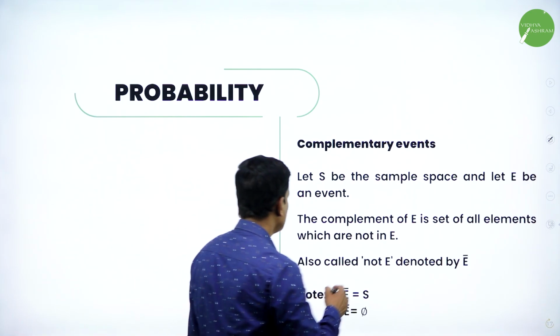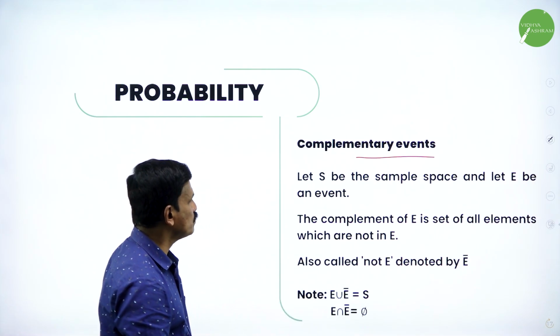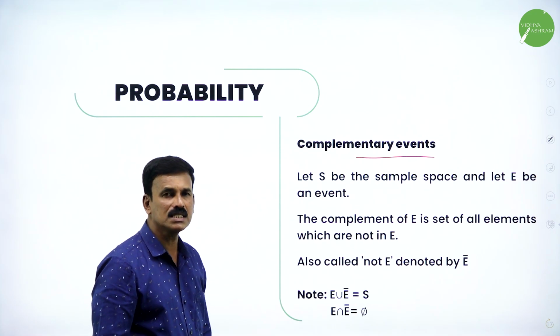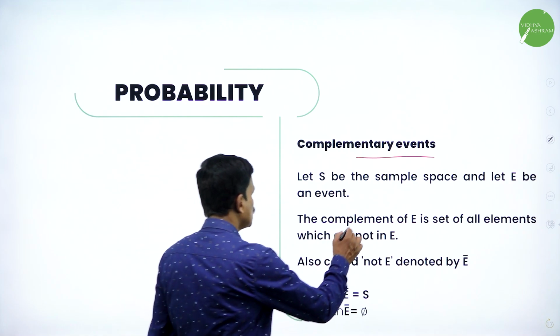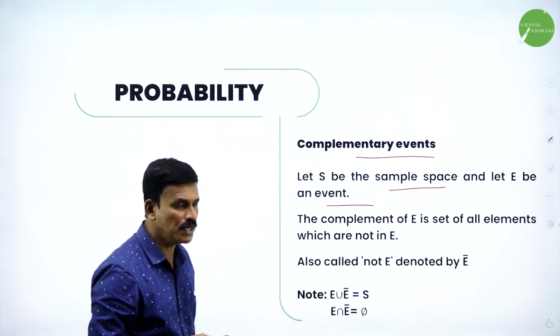Now, complementary events. Suppose S is the sample space and E is any event associated with the sample space.